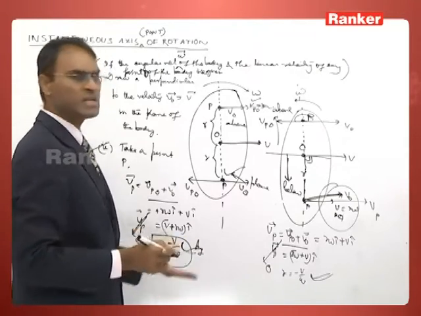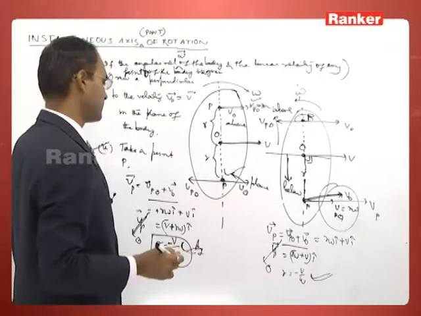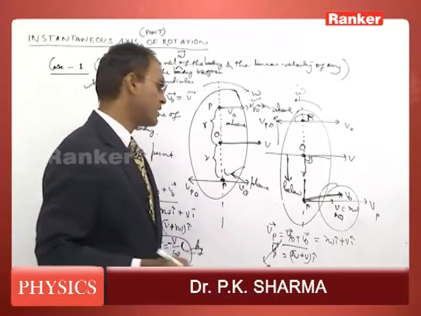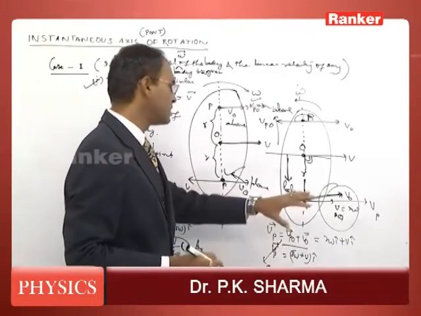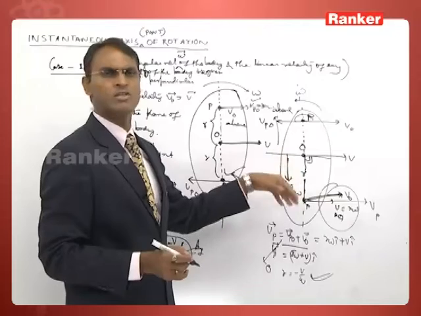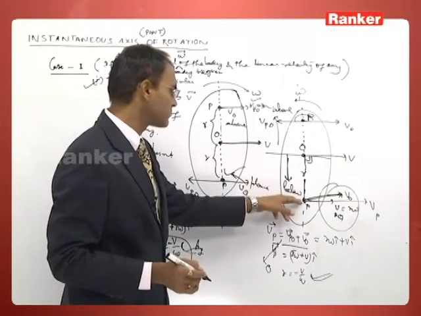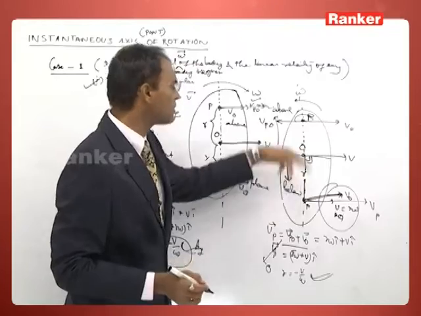You may get a positive answer, you may get a negative answer. When you get a positive answer, you accept the assumption that it is correct. When you get a negative answer, just alter the assumed direction of the position of this point P.